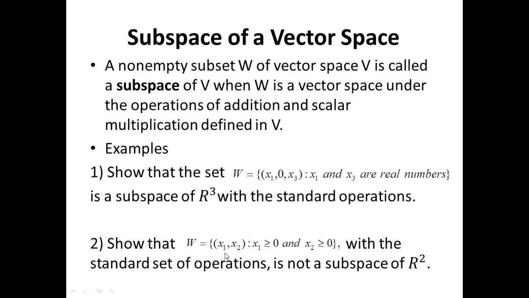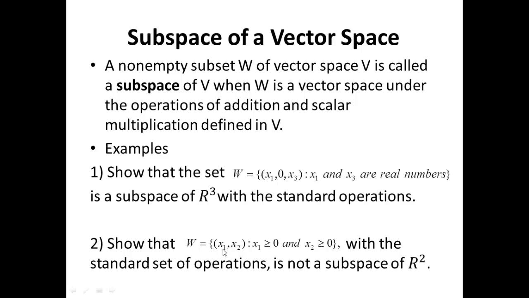W is the set of all ordered pairs such that the first component is bigger than or equal to 0, the second component is bigger than or equal to 0, and each of these components are real numbers. So for example, (-1, 5) is not going to be in W because the first component is negative.